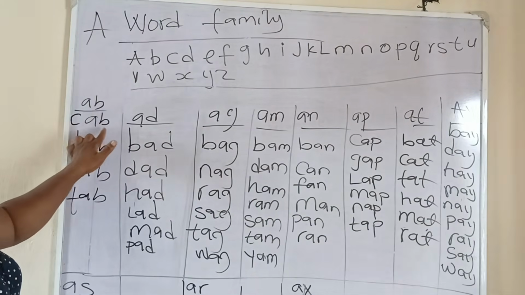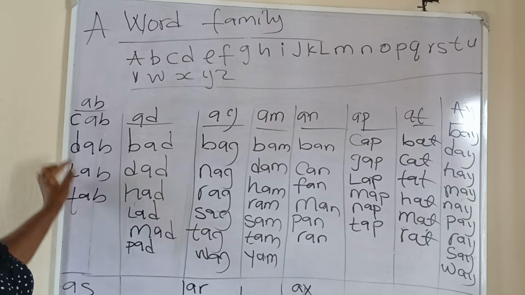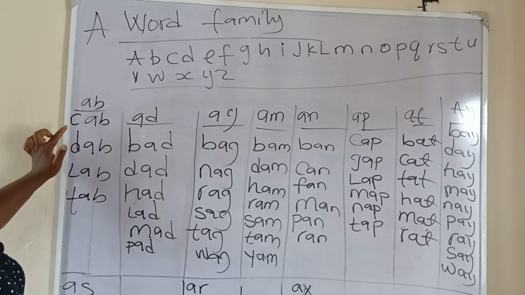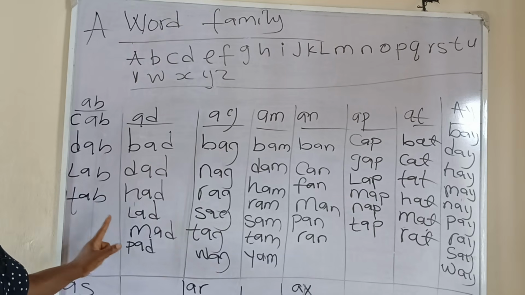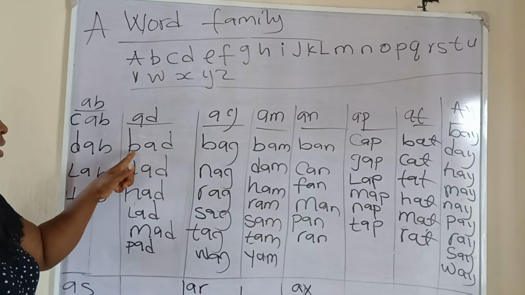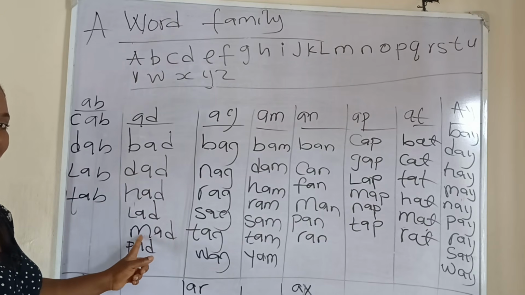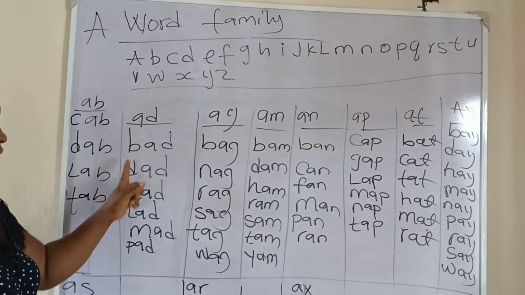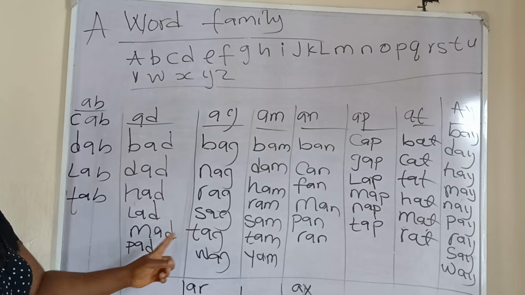You have cab, dab, lab, tab. You just pay attention to what you are adding here. K-ab, da-ab, l-ab, ta-ab. Cab, dab, lab, tab. B-ad, d-ad, h-ad, l-ad, m-ad, pa-ad. Bad, dad, had, lad, mad, pad.